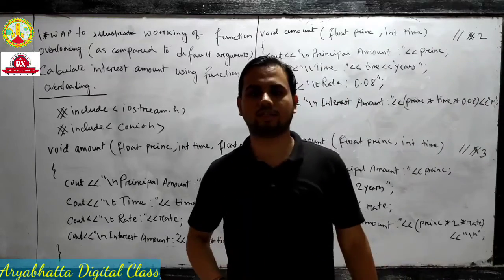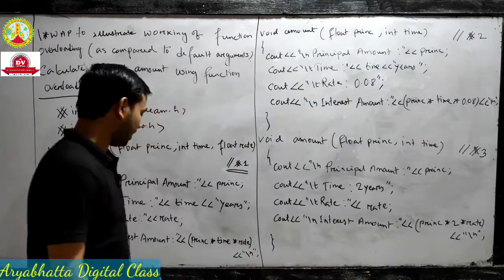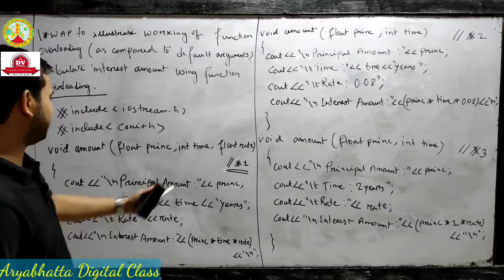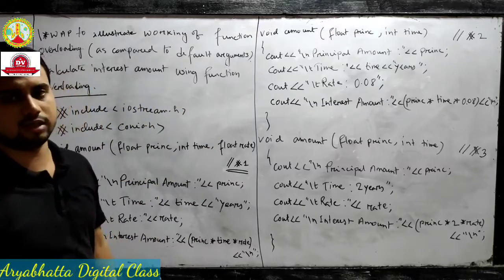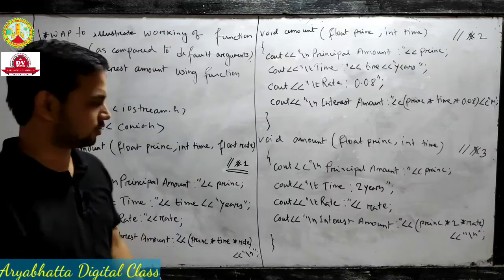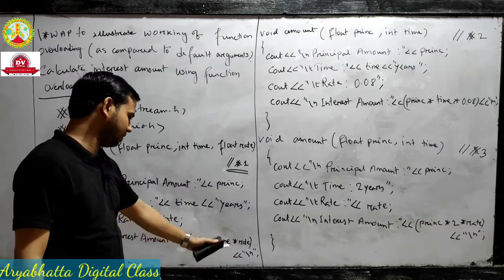PRT divided by 100, but rate we already declared as a fraction, so it is already divided by 100. That's why we directly write principal into time into rate.